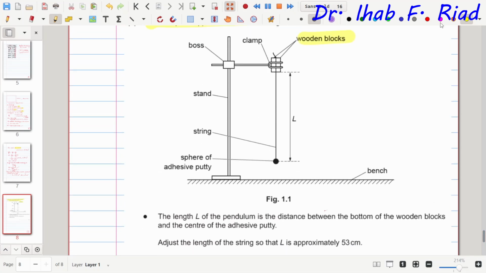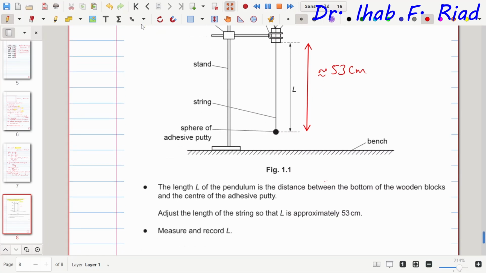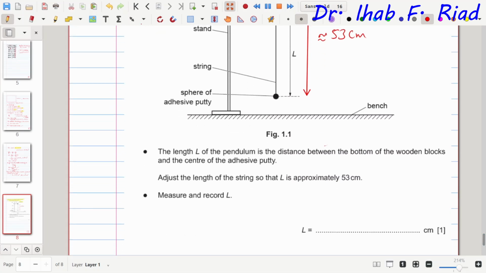What he recommended is that we should fix this length to be roughly 53 centimeter. Then he asked us to measure and record L. So this is how you should answer this part of the question.